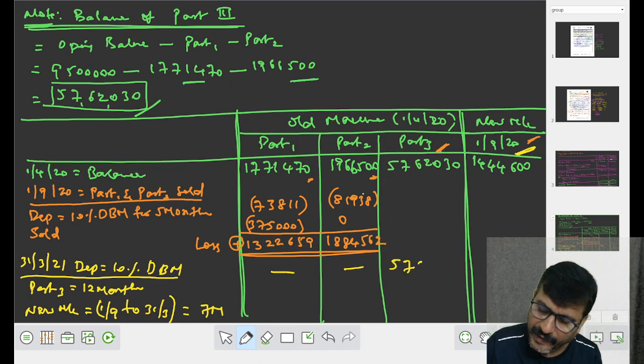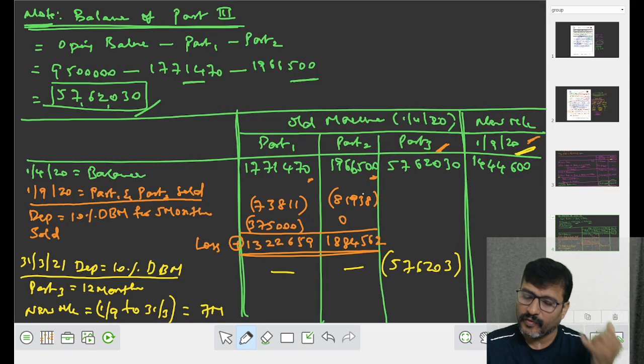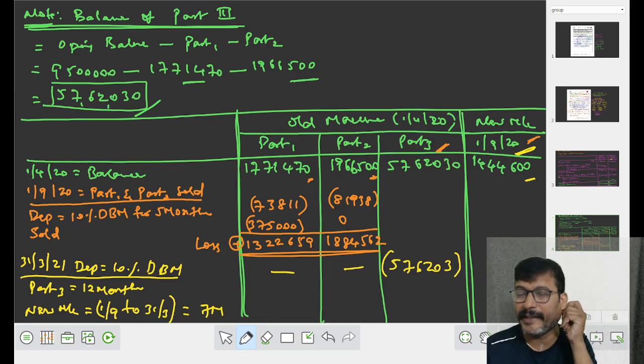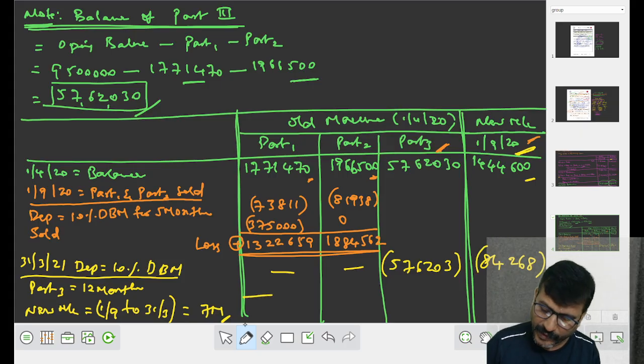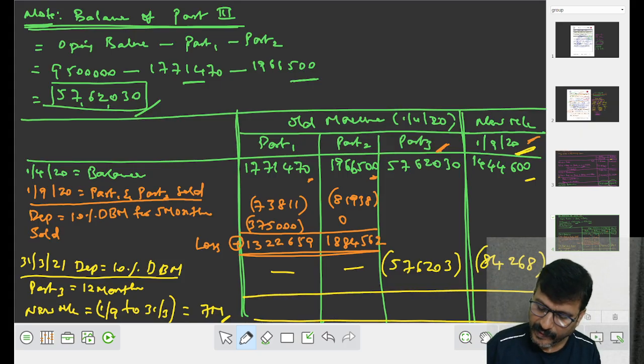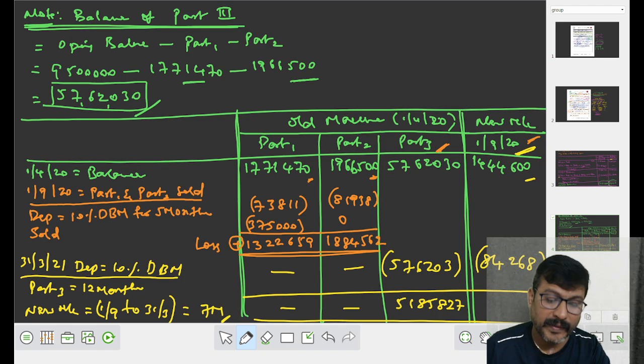It comes to 5,76,203. Right? On this, 14,44,600 into 10% into 7 by 12. That comes to rupees 84,268. Now you work out a balance. This comes to 51,85,827.